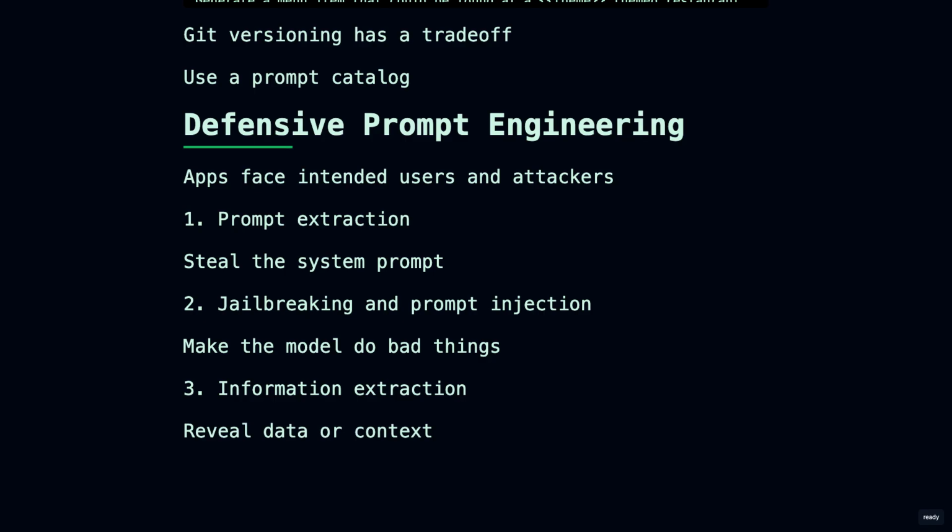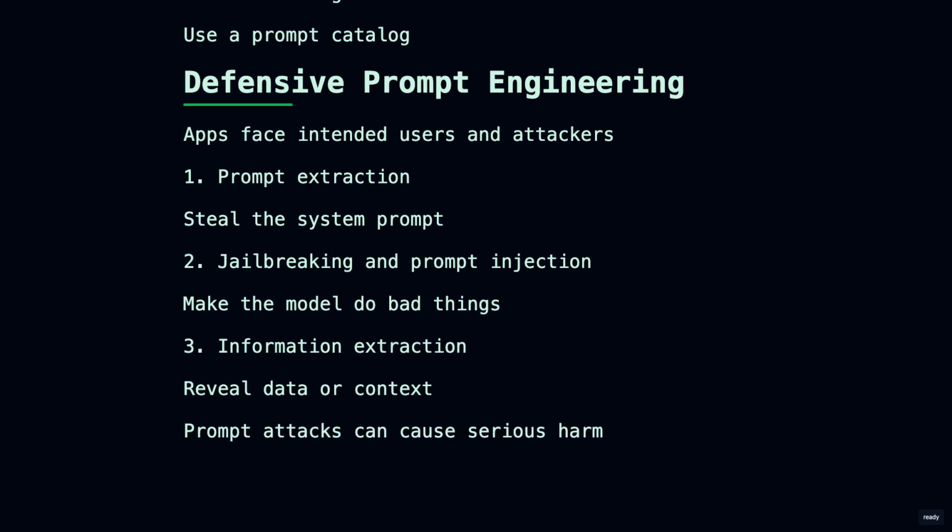If that information leaks, the impact can extend beyond the application itself to users and internal systems. These attacks are not just theoretical. They can lead to very different kinds of damage, from security failures to public trust problems.